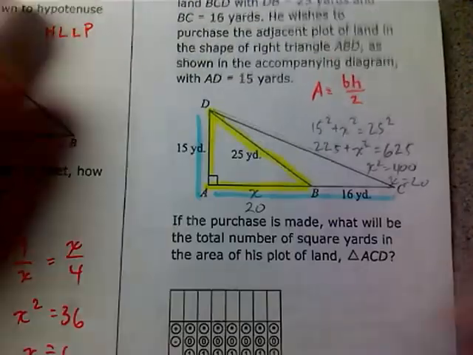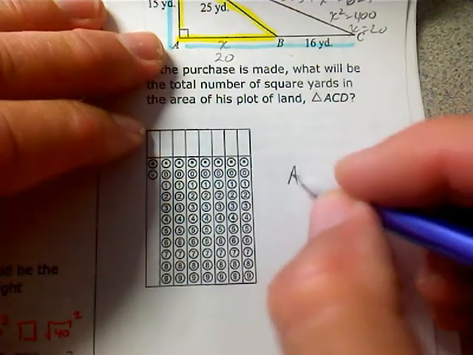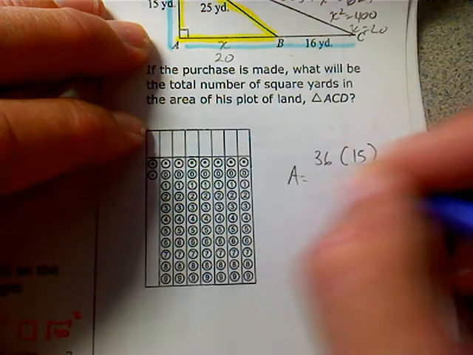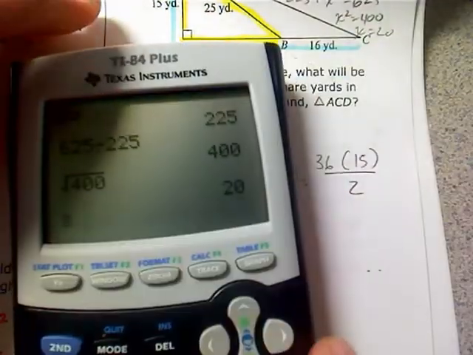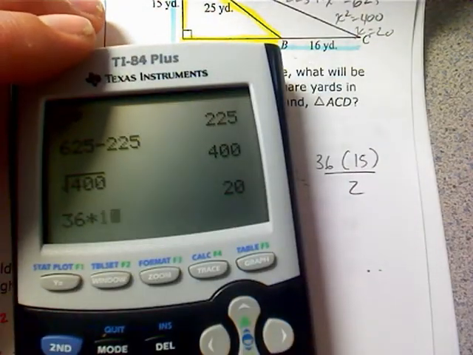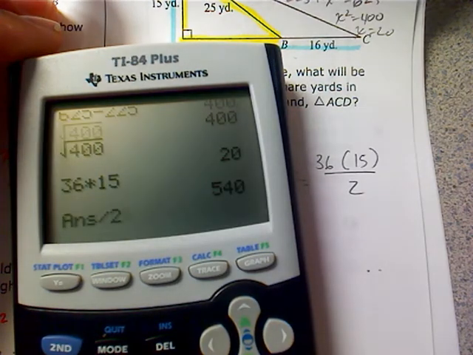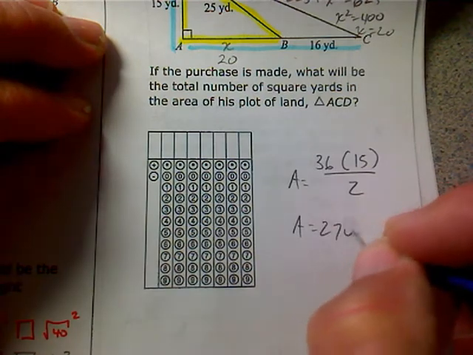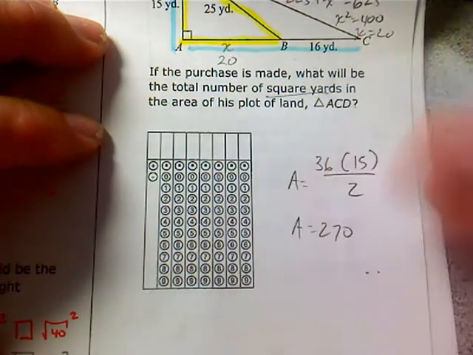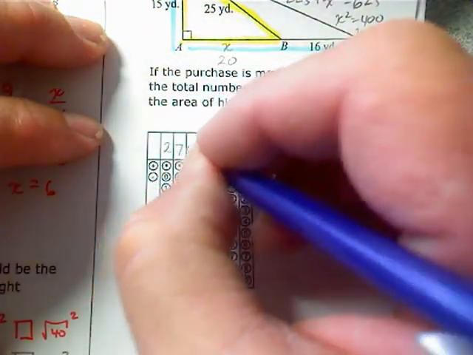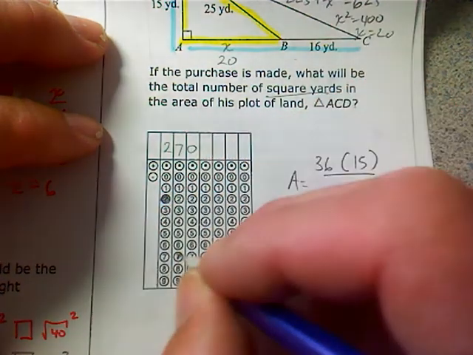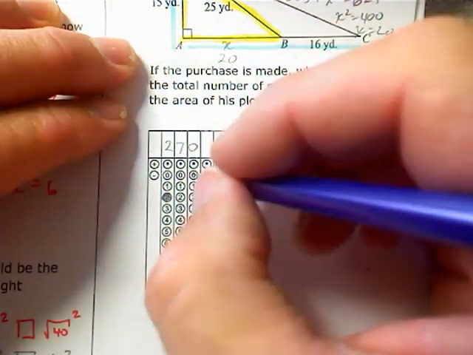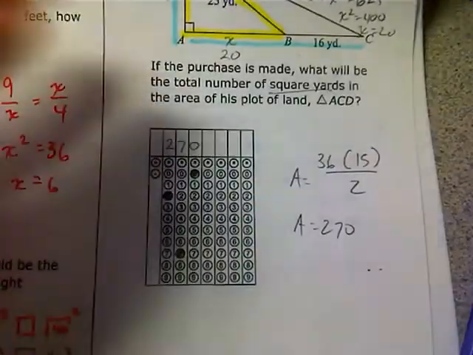So the area is going to be the base, which was 36, times the height divided by 2. So 36 times 15 divided by 2 is 270. And it's square yards there, which is told me. So this is 270.